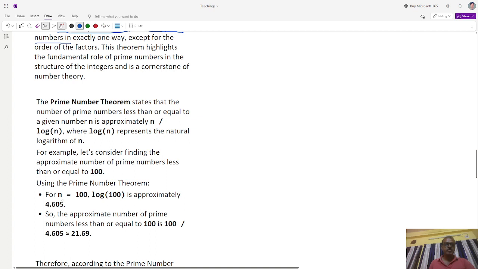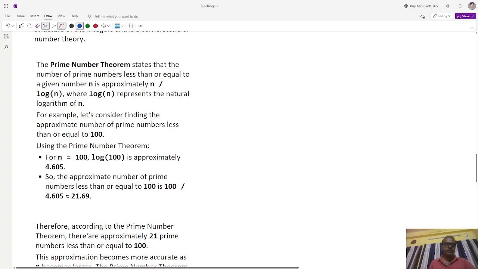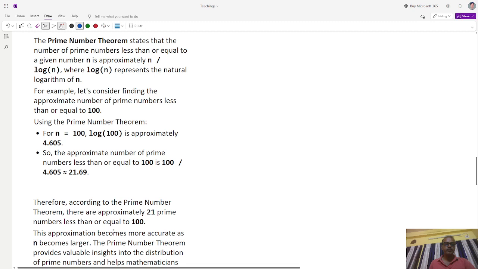Using the prime number theorem, for n equal to 100, log 100 is approximately 4.605. So the approximate number of prime numbers less than or equal to 100 is 100 by 4.605, which equals 21.69. Therefore, according to the prime number theorem, there are approximately 21 prime numbers less than or equal to 100.